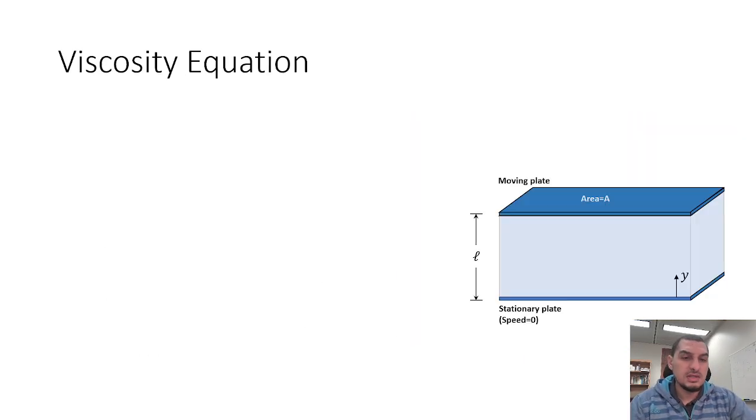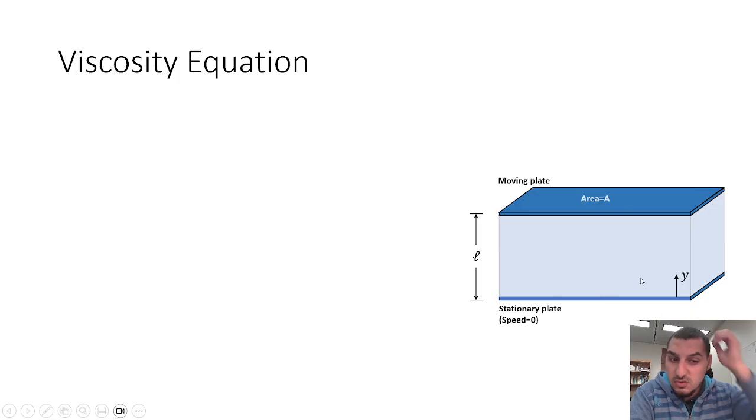So now we want to see the equation that we are going to use to describe the viscosity. The simple system that is used in all the textbooks to discuss the equation that describes the viscosity is two parallel plates, sometimes called Couette flow.